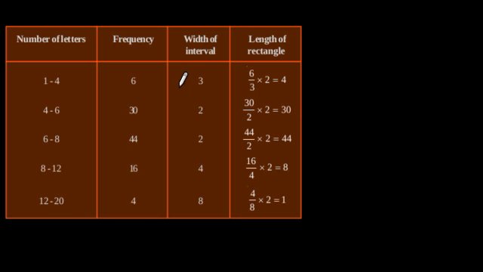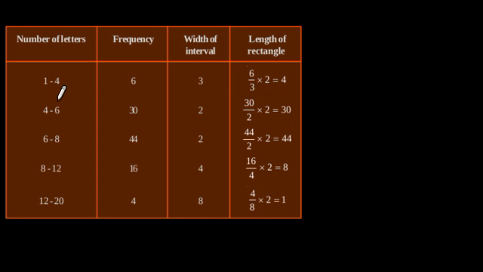Here we can see that the length of rectangle can be calculated as frequency divided by width of interval, into the proportion of number of surnames per two letters.